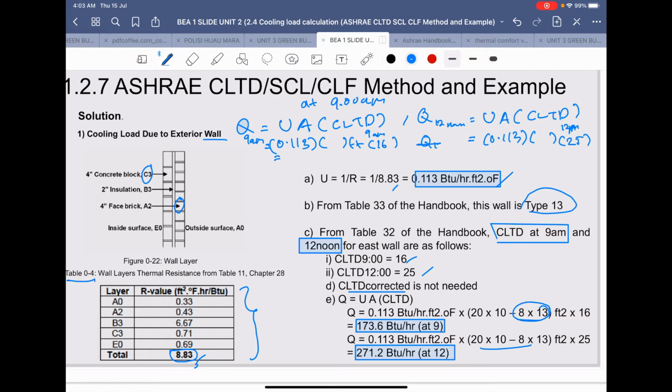So the answer is here: the cooling load due to the exterior wall at 9 AM is 173.6 BTU per hour, while the cooling load due to the exterior wall at 12 noon is 271.2 BTU per hour. Okay.